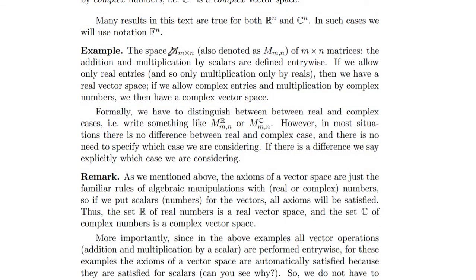Now there's this interesting example: if we take m by n matrices, suppose 2 by 2 matrices, 1 2 3 4, and make a set out of all matrices like this, then what will happen? We can add two matrices, and we can multiply a matrix by a scalar. You know that, right? So these two operations we can already define.